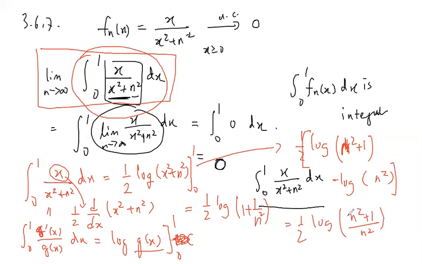So you get this part. And definitely if you take the limit, when n goes very large, this will be close to log 1. So this will go to 0.